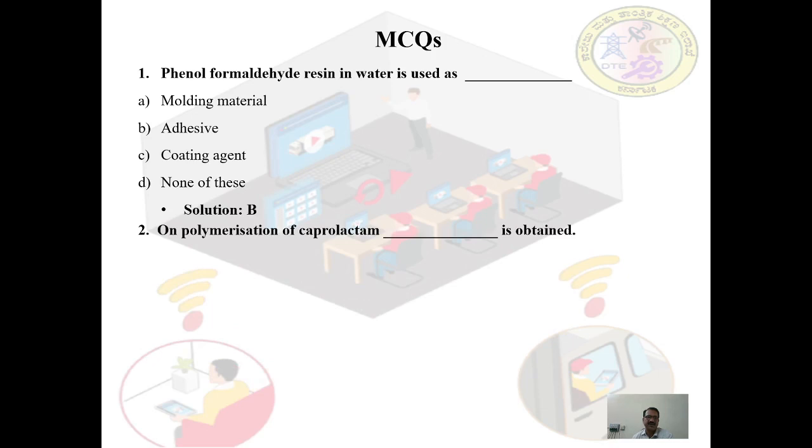Second question, on polymerization of caprolactam dash is obtained. Options: A, nylon 6,6; B, PVC; C, nylon 6; and D, polyester. The right answer is C, that is nylon 6.